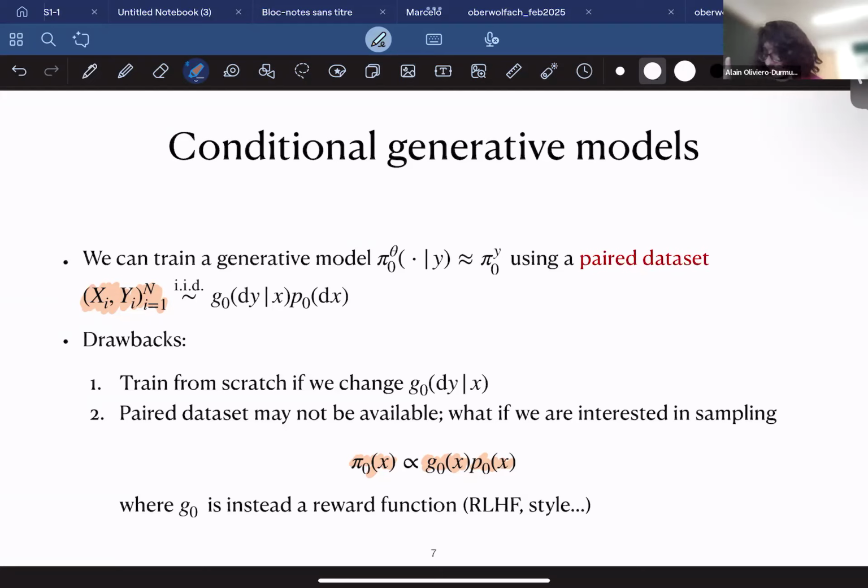One very famous example is if you train a reward model: in this case, G0 would simply be the exponential of minus your reward. And in this case, just by the nature of the problem, you cannot have access to joint observations of your full model.